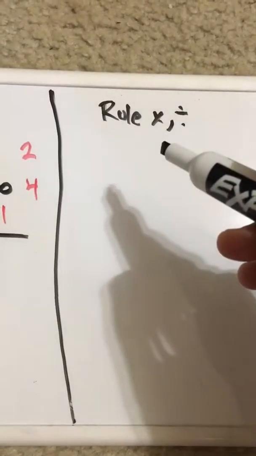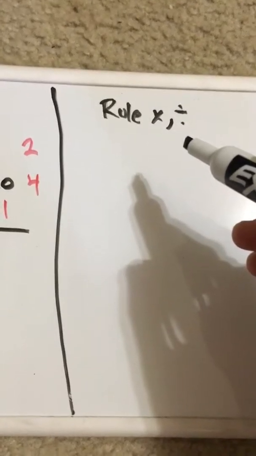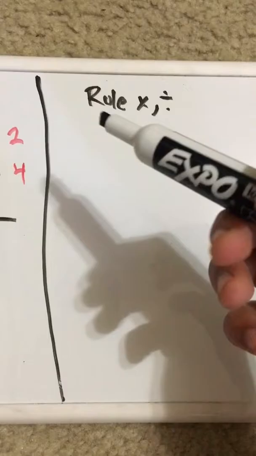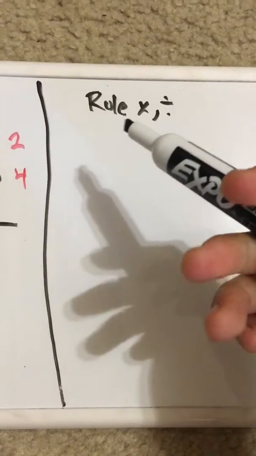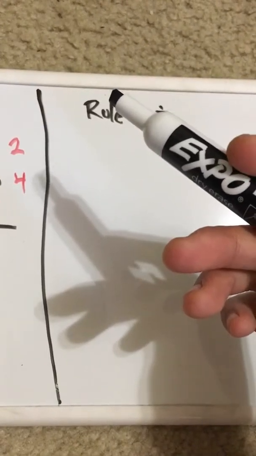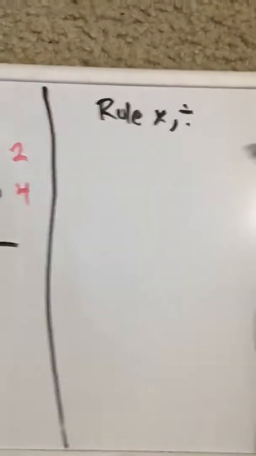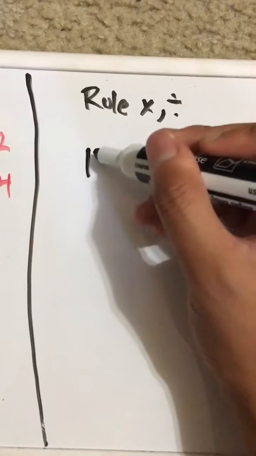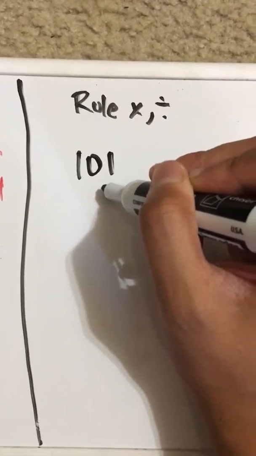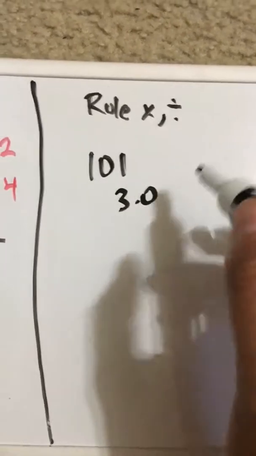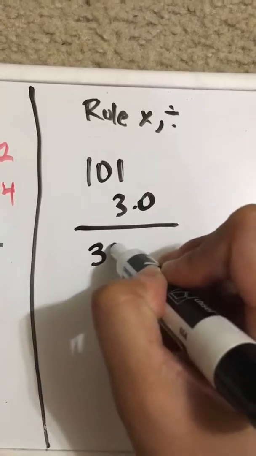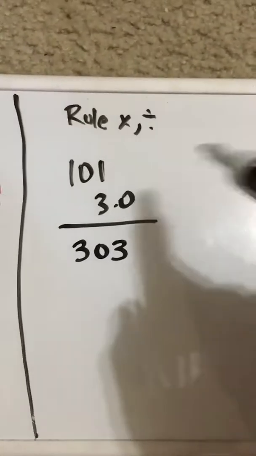So the rule for multiplying and dividing is that the answer must have the same number of significant digits as the component with the least significant figures. Let's have an example. We have 101 and we multiply it by 3.0. So the answer would be 303.